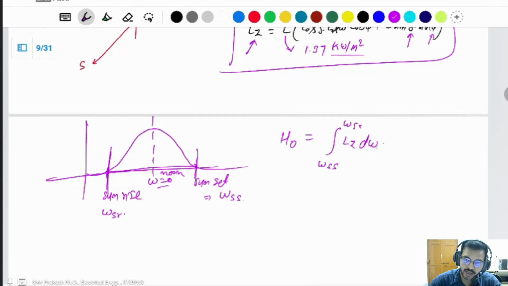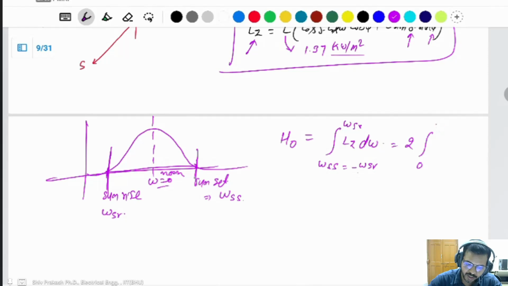This omega is the whole day angle. If you calculate for the whole day, this will be in kilowatt radian per meter square per day, the total insulation in a day. This will be the same as minus omega SR. You know about minus t to t, you can take just simply from 0 to t like that.